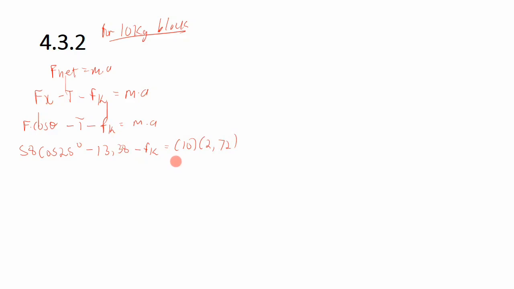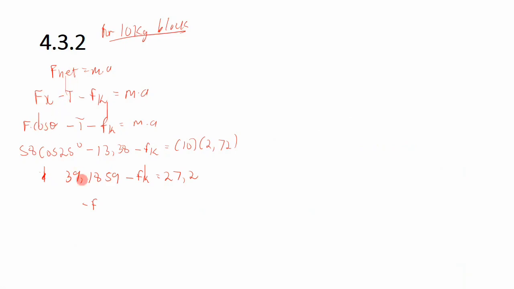Then let's calculate our Fk. We can just punch all this in a calculator. We have 39 point, and I do not want to round off to 2 decimal places as yet, so it's 39.1859 minus Fk is equal to 27.2.